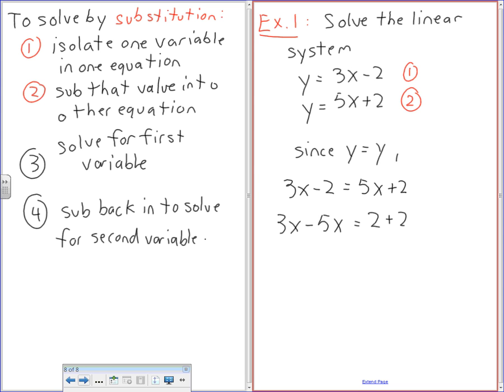What you did was 5x on the right is negative 5x on the left, and negative 2 on the left is positive 2 on the right. Natalie, what's 3x minus 5x? Good. And 2 plus 2 is? Wonderful, excellent, awesome. Emily, what's the last step to solve for x? Good.